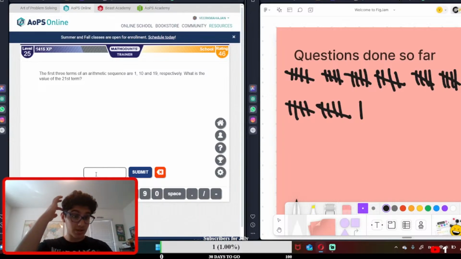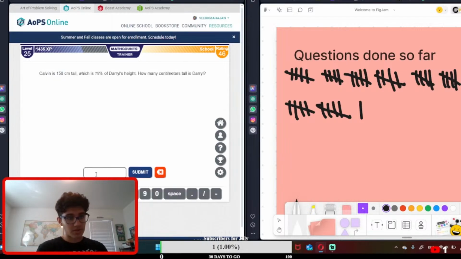What is the value of the 21st term? So it will be plus 20, so plus 181. 150, which is 75%, so it's 4/3 as much, which is 200. 12-hour analog clock, 12 and 8. So that's 120, right?